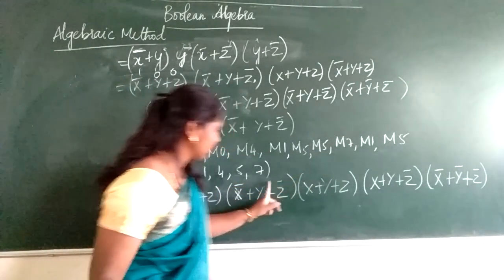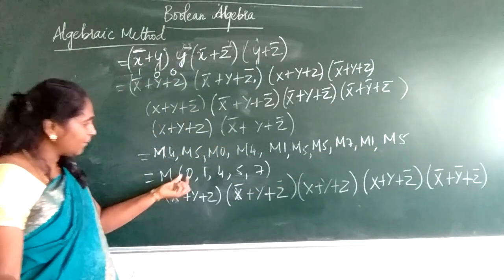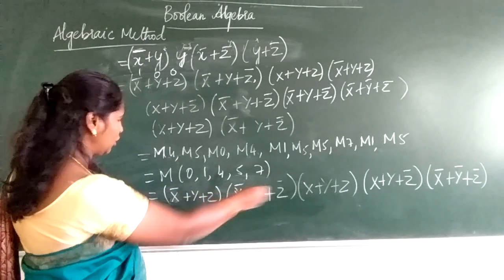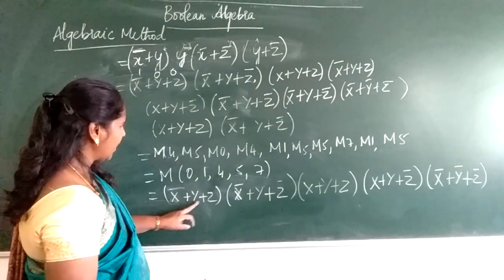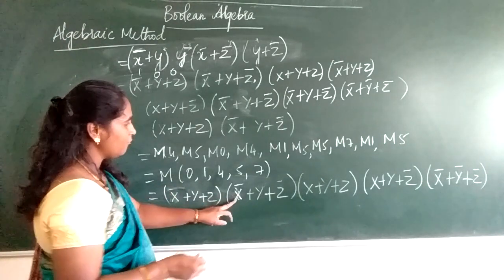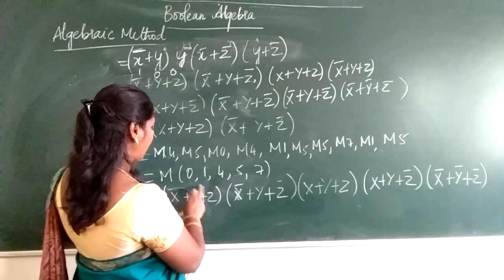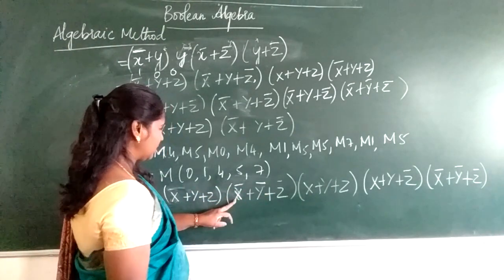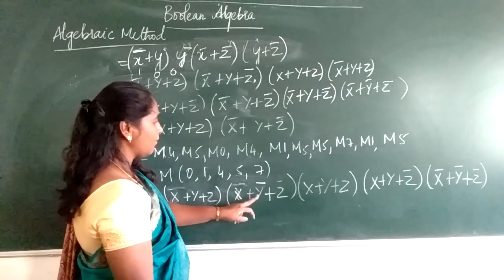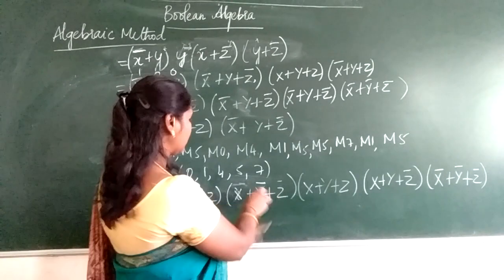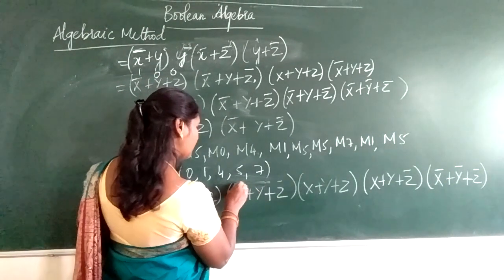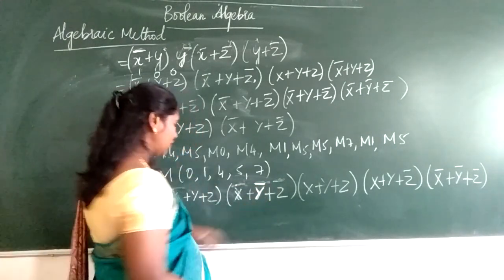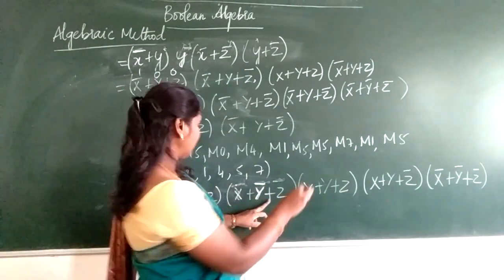7 as it is. So for this expression I am writing for m0, that is x, y, z, no bars. m1, I have written according to x, y, z. For m4, x bar, y, z.